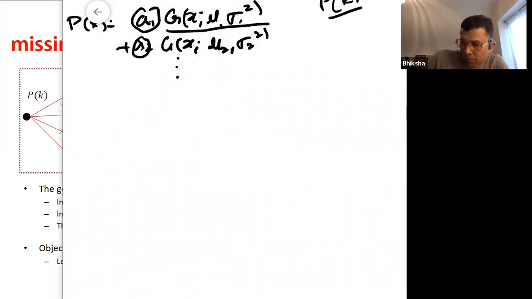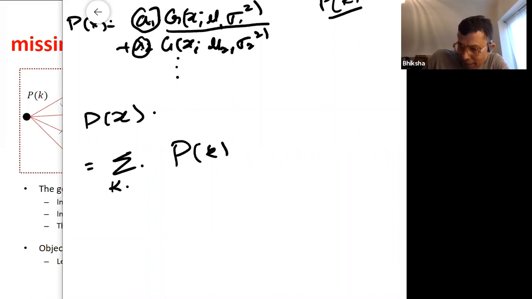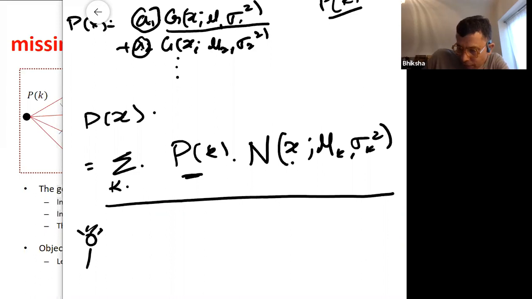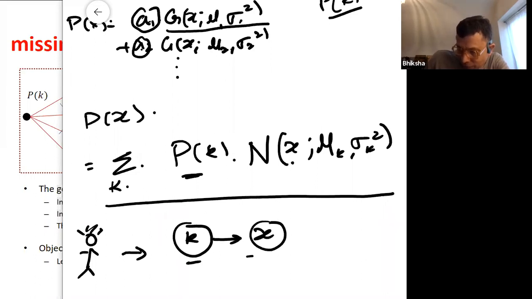So the probability that he will generate any vector x is the sum over all of the Gaussians of the probability that he will select that Gaussian times the probability that he generates the particular vector x from the selected Gaussian. So this is the generative model, and there's a two-step process. The generator first selects the Gaussian and then draws the vector x from the Gaussian.